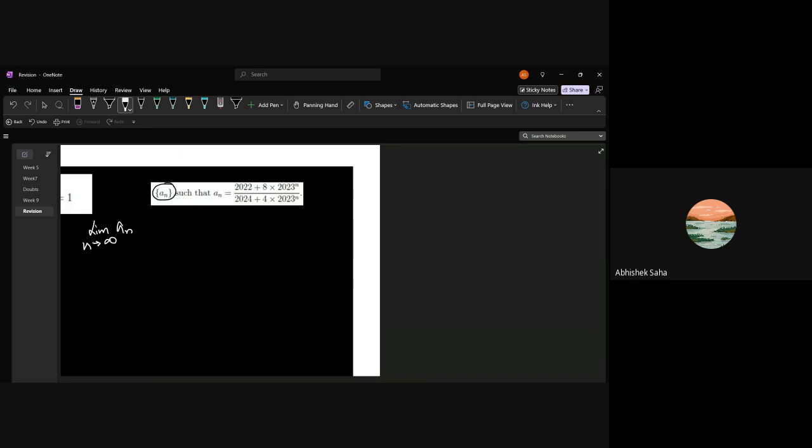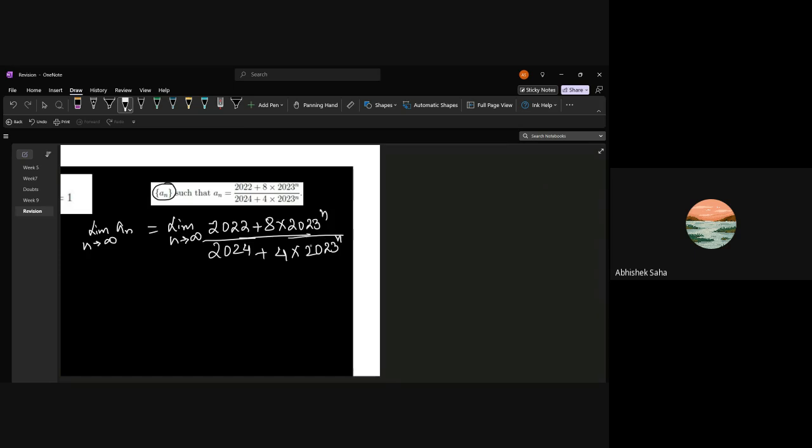So here we have the expression, the value of a_n: limit n tends to infinity, a_n equal to 2022 upon 2024 plus 8 into 2023n plus 4 into 2023 to the power n.